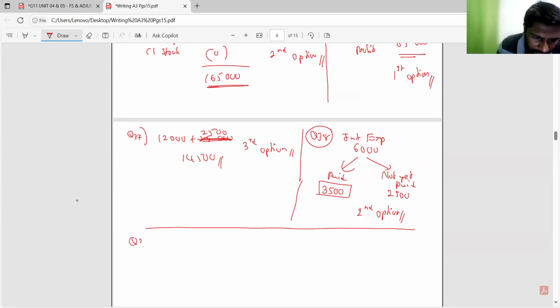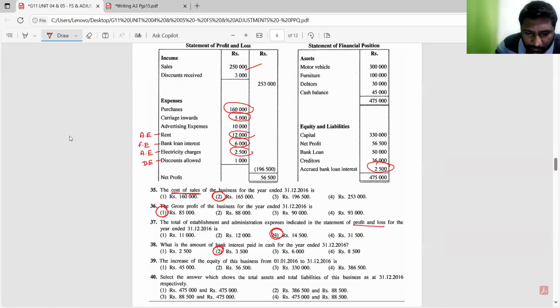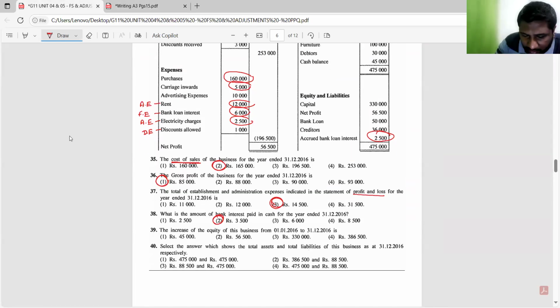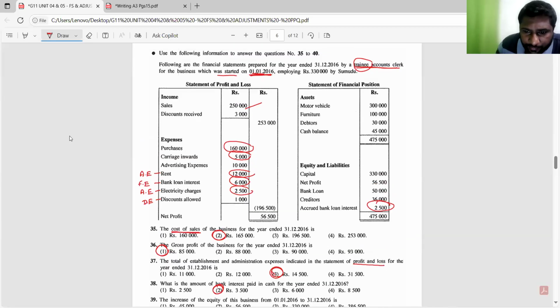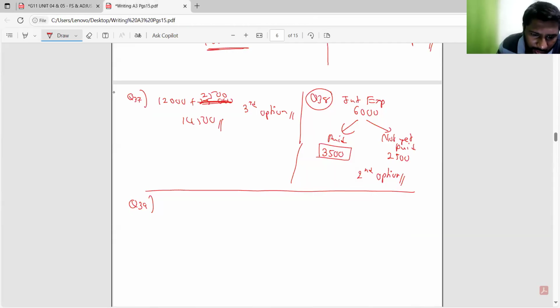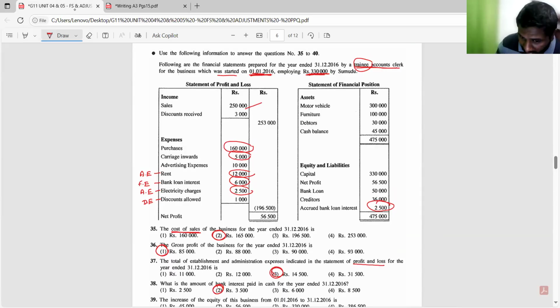Next one. Question 39, the last two questions. The increase of equity. The buggers started the business by investing 330,000 on 1st January 2016. On 31st December 2016, what is the total of equity?